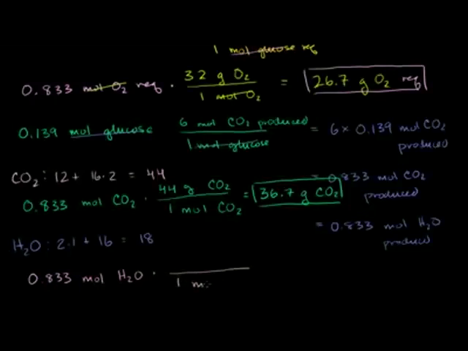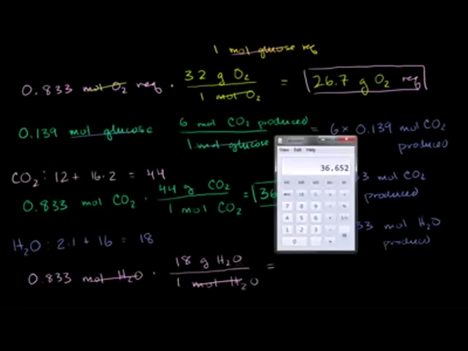So 1 mole of H2O. Once again, we want this in the denominator, so it cancels out with this in the numerator. 1 mole of H2O has a mass of 18 grams, or 18 grams of H2O for every mole of H2O. So this cancels with that, and we get the calculator out.